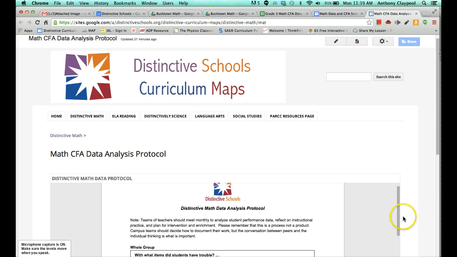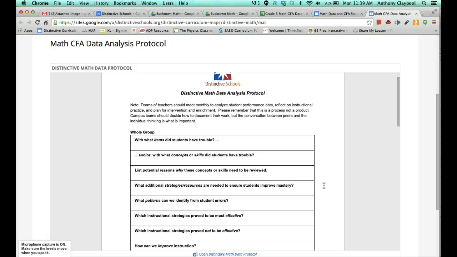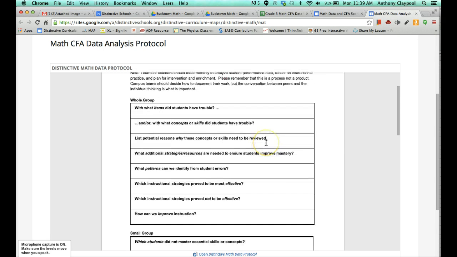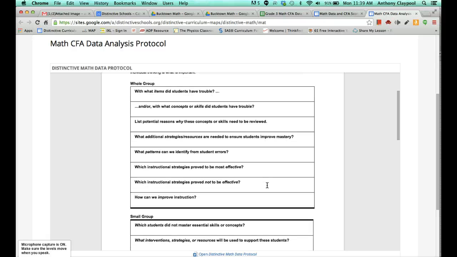This is not about you filling out a worksheet to say that you have complied and done this activity. The idea is we want to go through this protocol to think through how our students are learning from this, what kind of steps we need to take to reteach any aspects, and what are some things that we can learn from this formative data that we have.